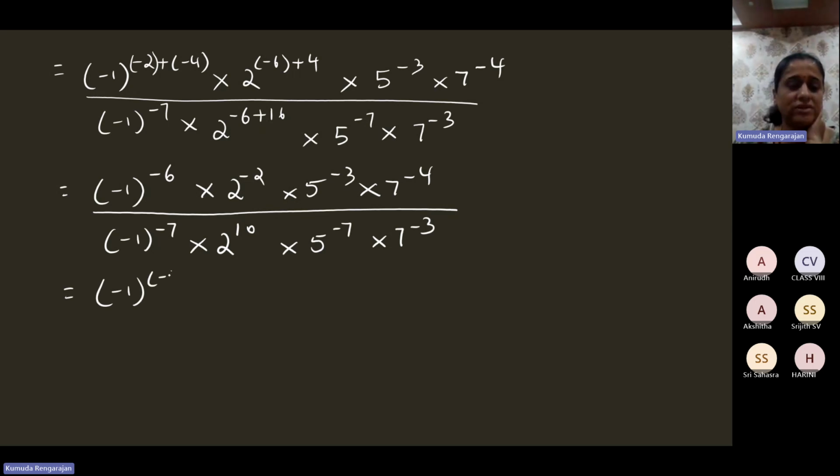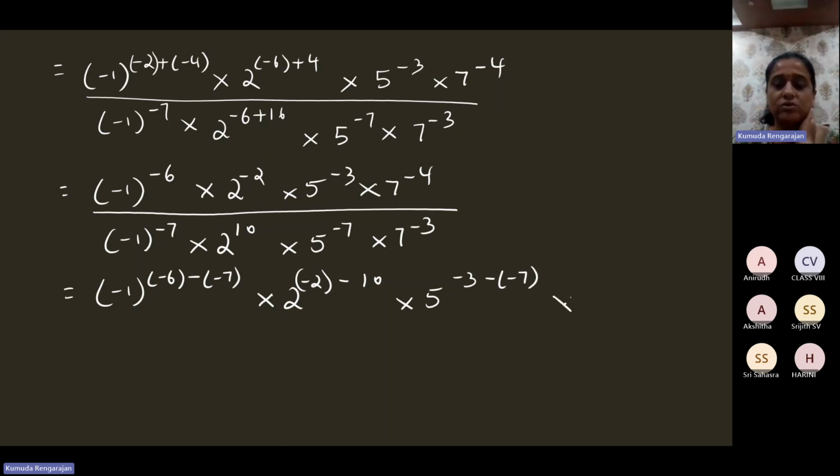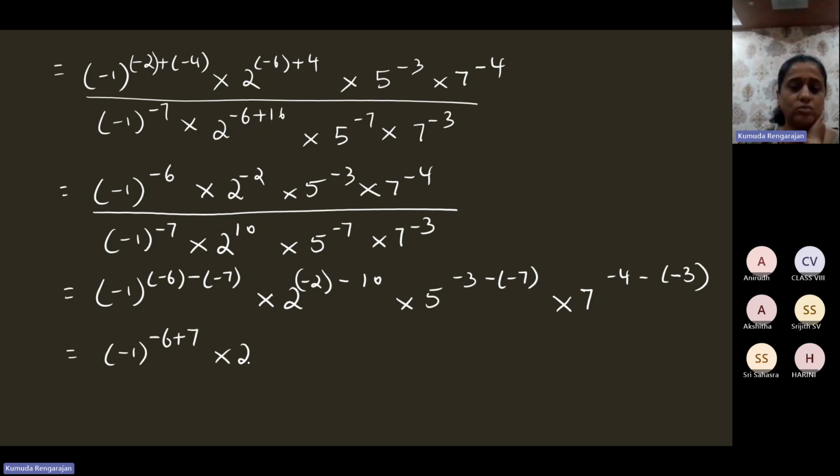Minus 1 to the power minus 6 plus 7, into 2 to the power minus 2 minus 10, into 5 to the power minus 3 plus 7, into 7 to the power minus 4 plus 3.